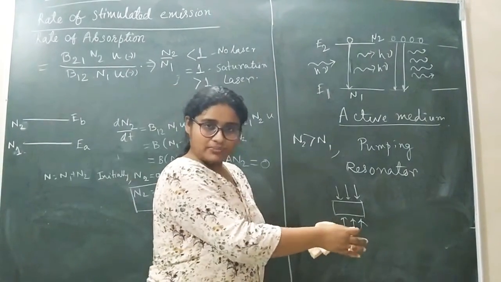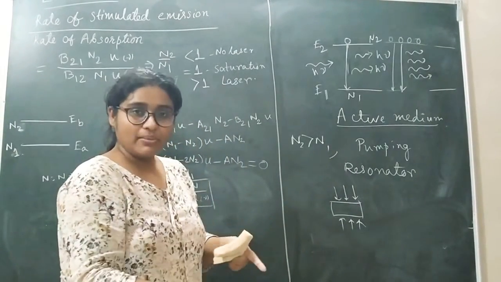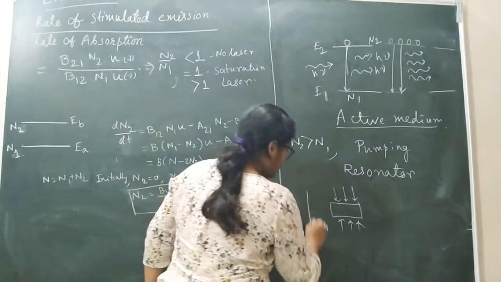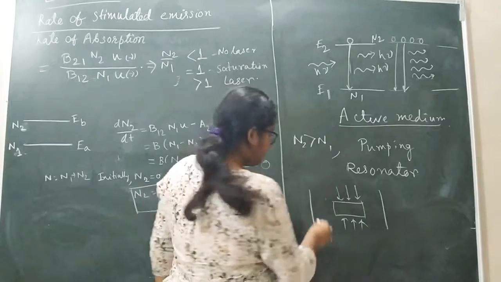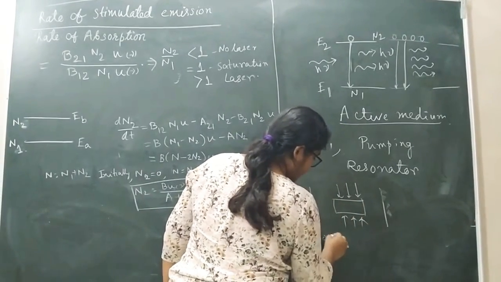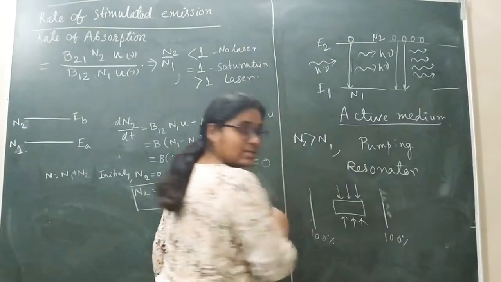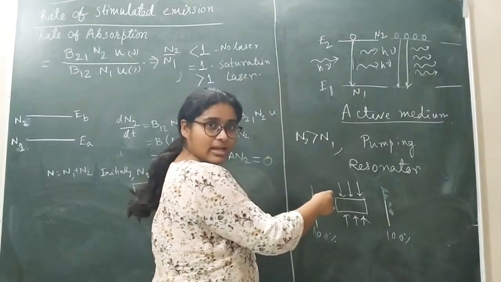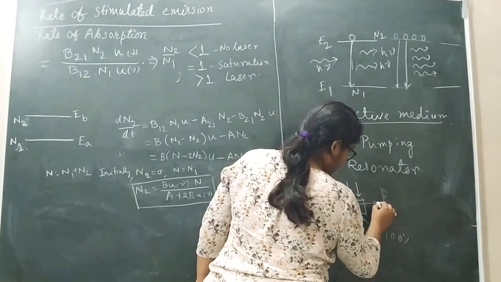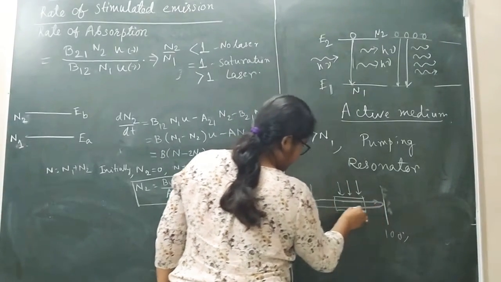Now you need something, a positive feedback which is growing with time, and you can get continuous output. How is that? Suppose you are putting 2 mirrors, and suppose the mirrors have 100% reflectivity. R1 and R2 are 100%. This is also 100%. So the light or radiation which is produced goes there, reflects, comes back, goes there again and reflects back.